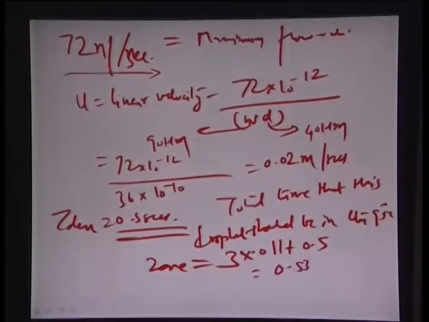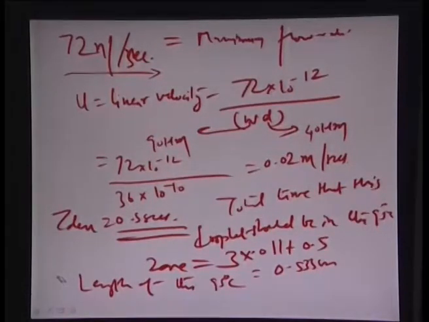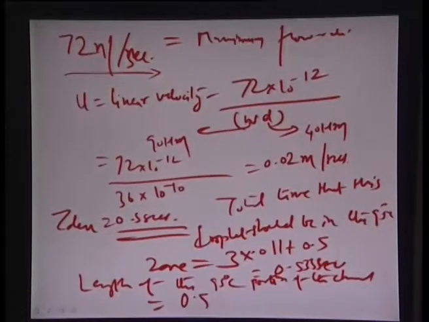This comes out to be 0.533 seconds, and therefore the length of the 95 degrees Celsius portion of the channel should really be equal to this time, 0.533 times 0.02, which is actually about 11 mm.